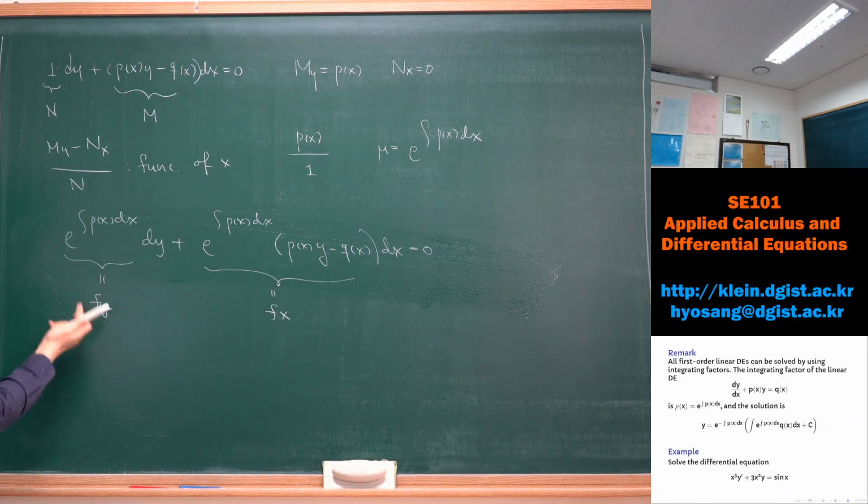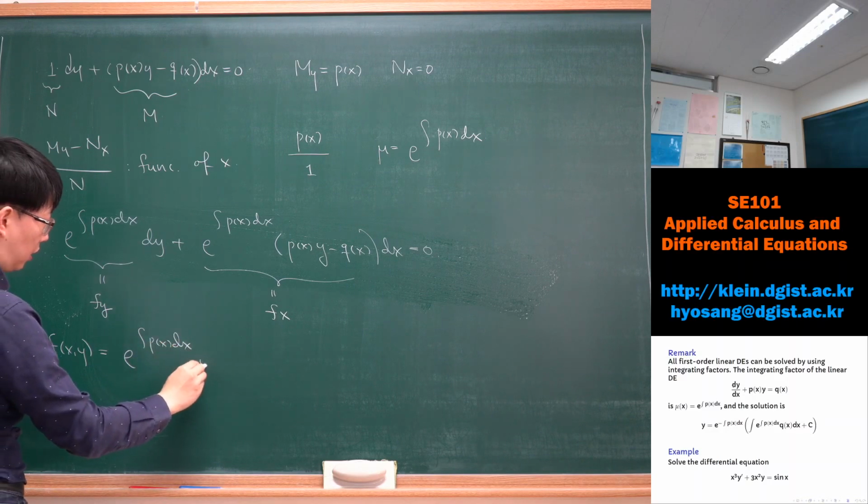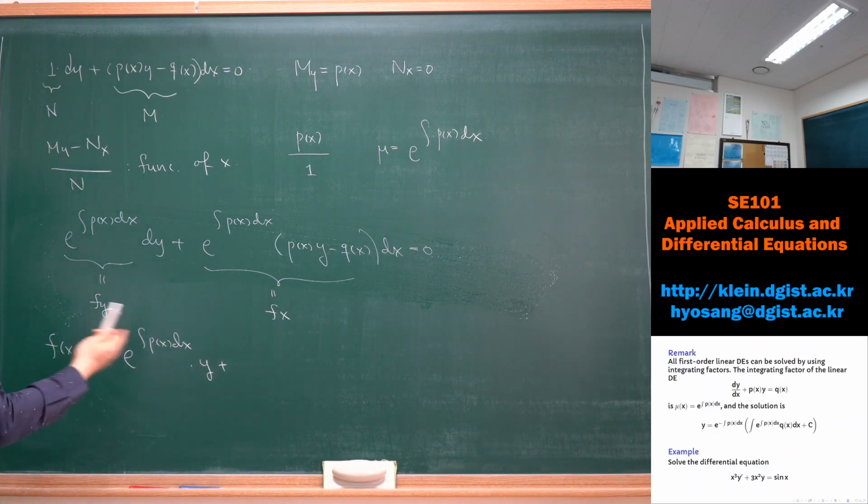If I start from here, I can guess my two variable function f(x,y) to be e to the integral p(x) dx times y plus some function of x, because x is considered to be constant when I take the partial derivative of y.